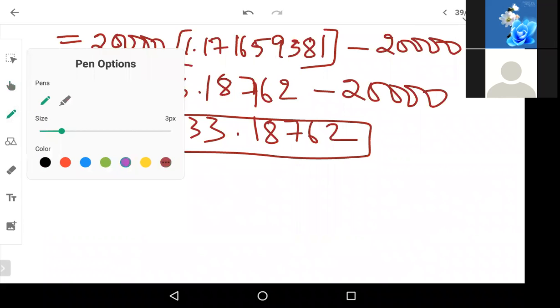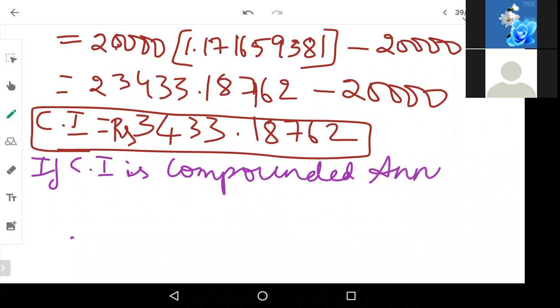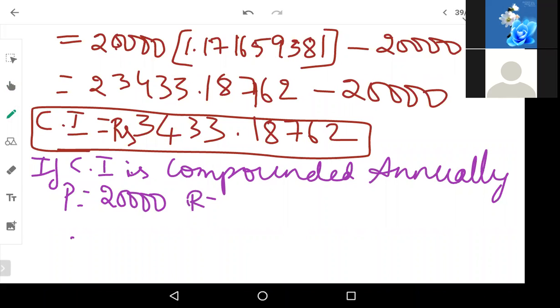Now again, if compound interest is compounded annually, the principal will be 20,000, the rate of interest will be 4% and time will be 4 years. Now use the same formula.